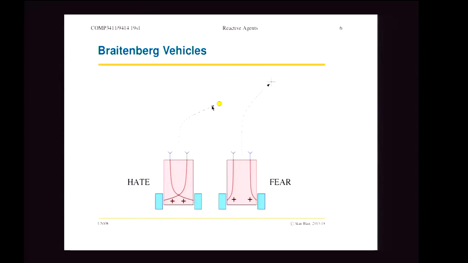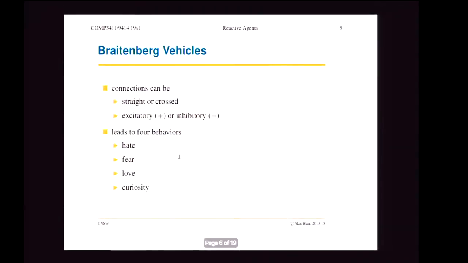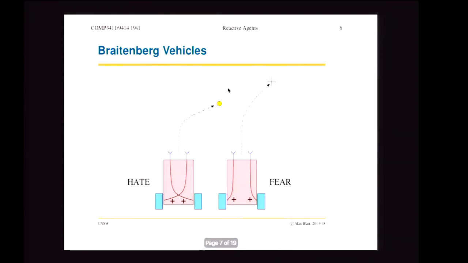And then you have two light sensors, and you make connections from the light sensors to the wheels, and then you have a light source. These connections can be crossed over or not, and they can be excitatory or inhibitory. So let's look at the simplest example, this vehicle to start with.